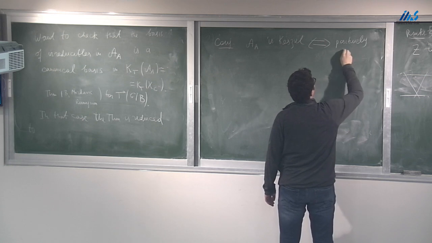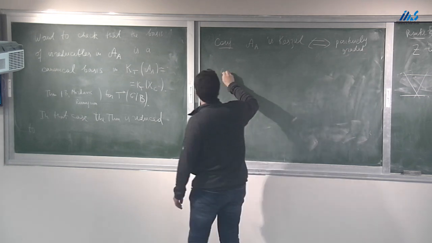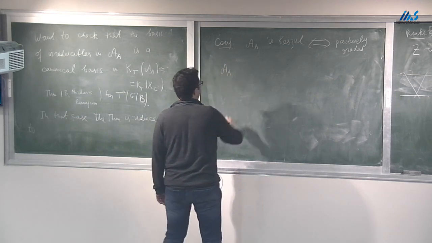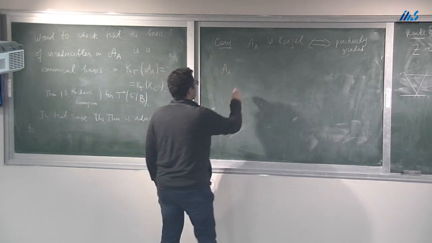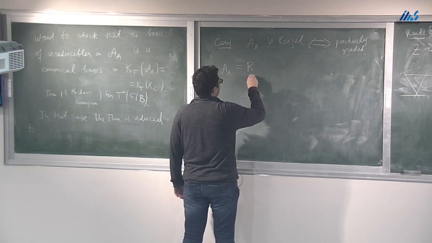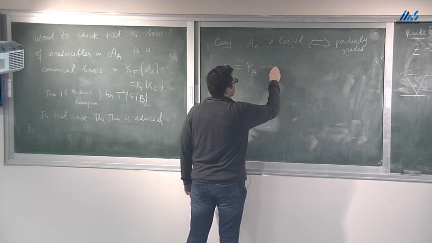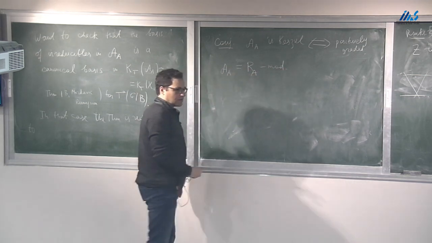So what do I mean? Again, A is a module over some algebra, which let me call R. That's a well-defined equivalence.